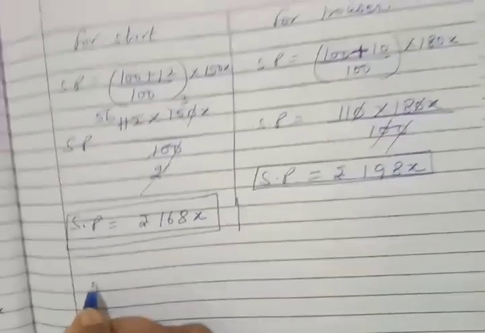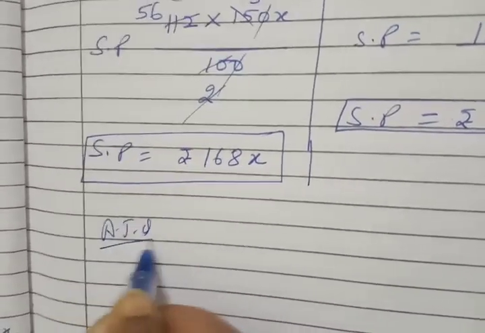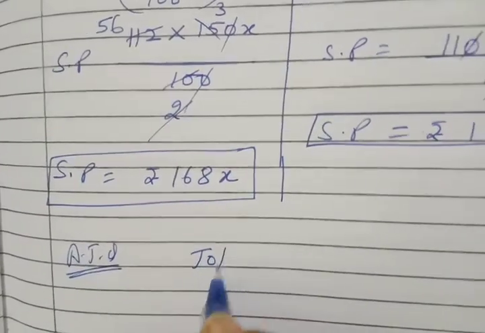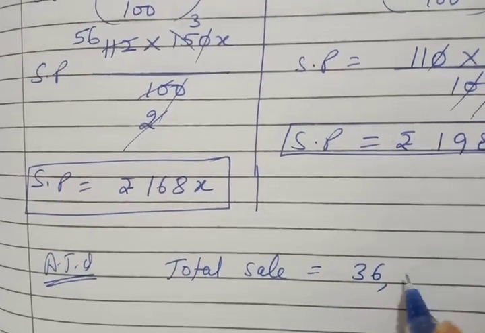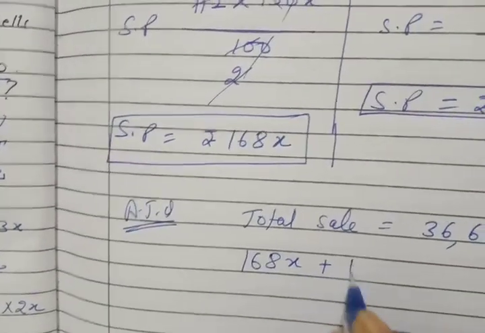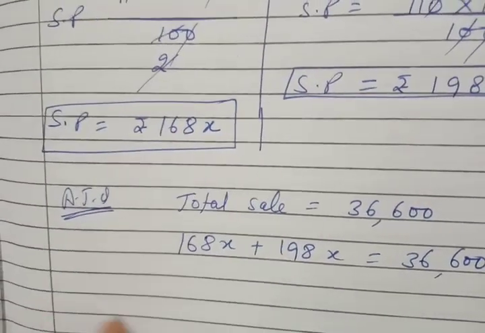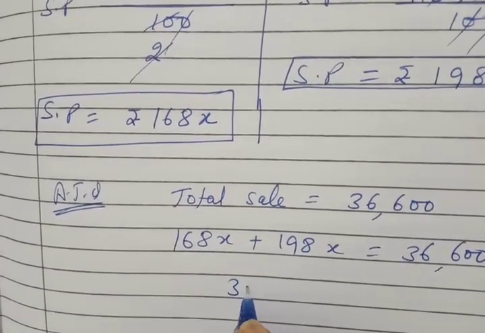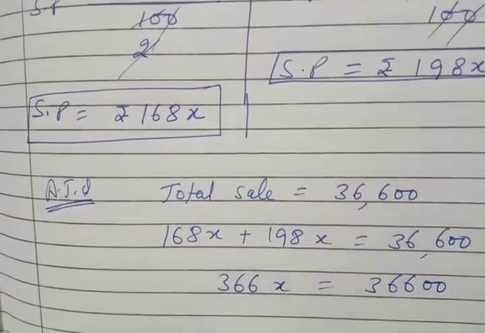And the total SP is given in the question. Total sale is rupees 36,600. So according to the question, total sale is equal to 36,600. 168x plus 198x is equal to 36,600, and this is 366x is equal to this.